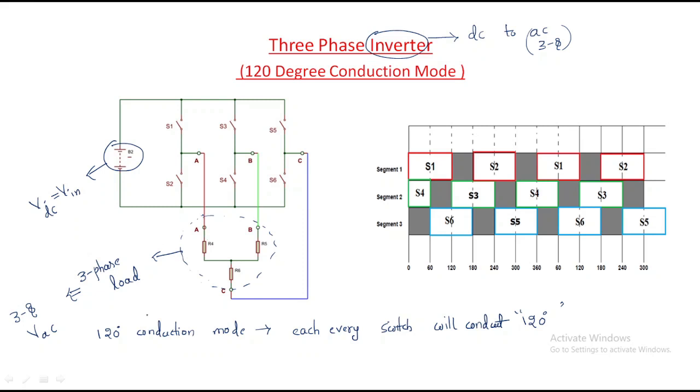In order to understand simply, I show the switches directly, but a switch can be an SCR or thyristor, MOSFET, or IGBT. These are the power electronic devices used as switches.